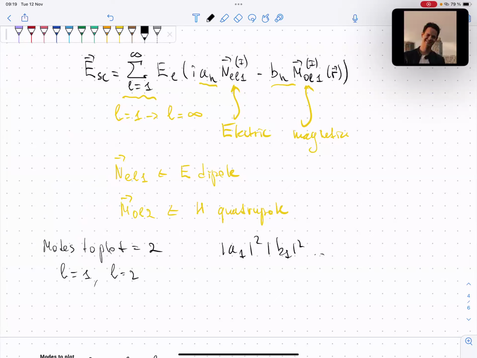But you can also see that for all harmonics, m equal to 1. M equal to 1 for all harmonics. But this is actually only because of the polarization and incidence direction of our incident wave.